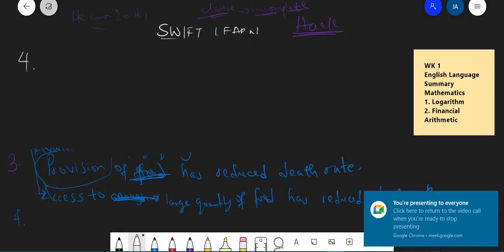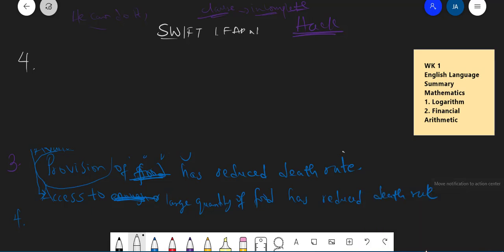Okay, can we summarize it now? Okay, I'm thinking the absence of wars has limited death rates and has made population to be on the rise.